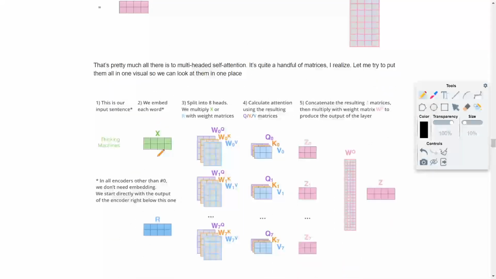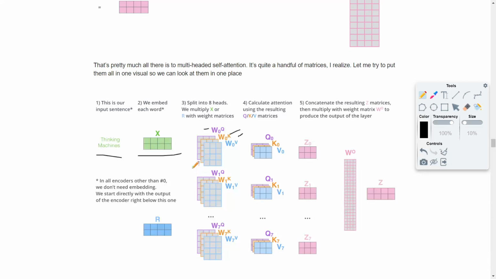Now, to sum up what exactly we have discussed till now: we had a sentence, "Thinking Machines", and then we did the word embedding for each word. Now we pass those word embeddings to 8 attention heads, each working in parallel, in which we had the key, query and values randomly initialized at first.